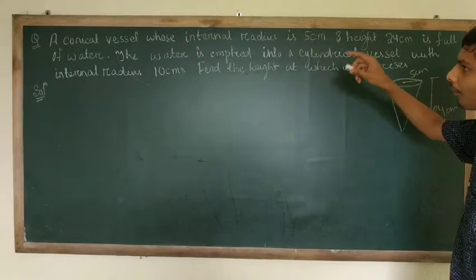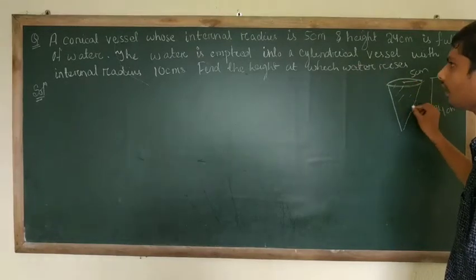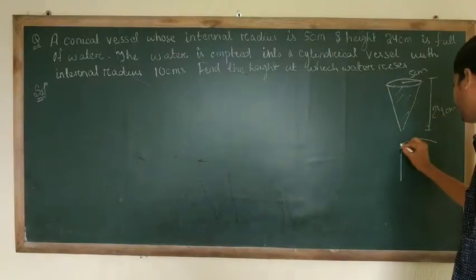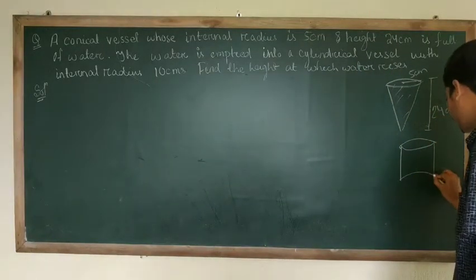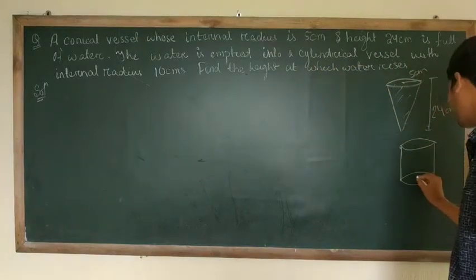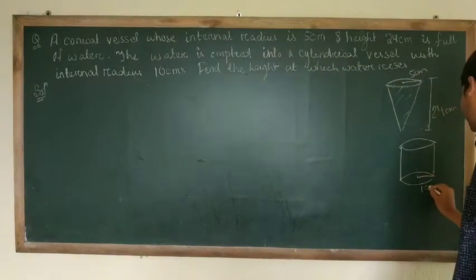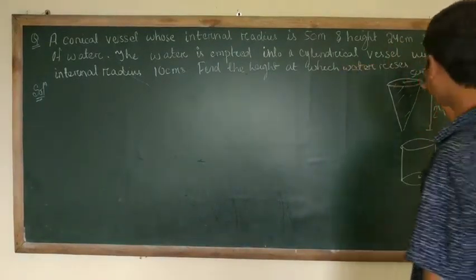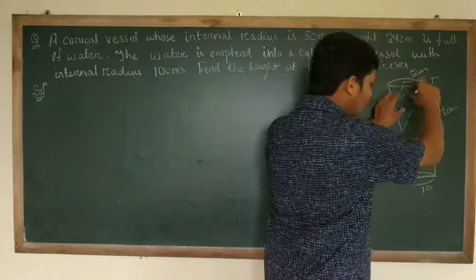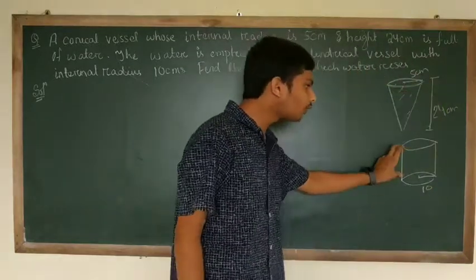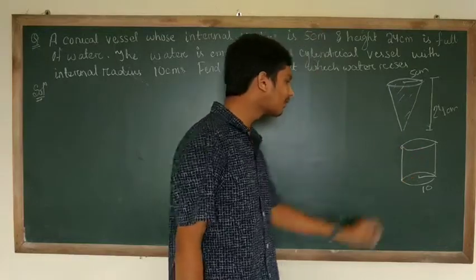It is full of water, and this water is emptied into a cylindrical vessel with internal radius 10. Find the height of the water in it. Whatever water is there, the volume of this cone is equal to the volume of this cylindrical vessel.